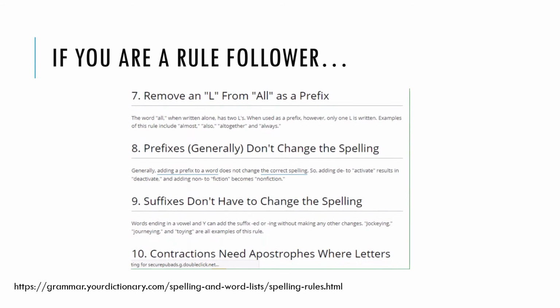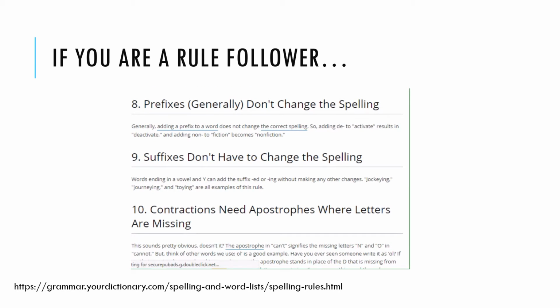A prefix, the opposite of a suffix, comes before the word, and this rule tells us to remove an L from all when it's a prefix. So almost is not A-L-L-M-O-S-T, we just need one L.